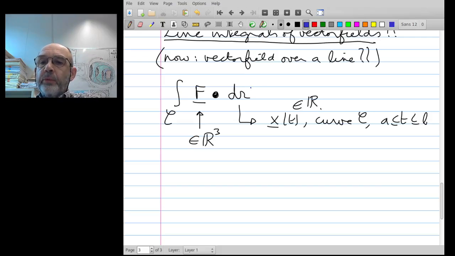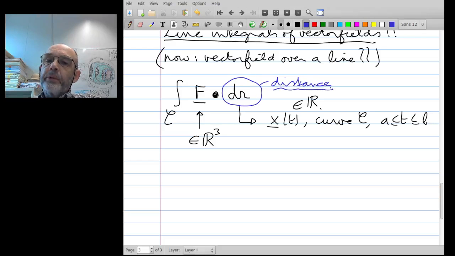But this has to do with distance, because you can see this integral as calculating the work done by that vector field.